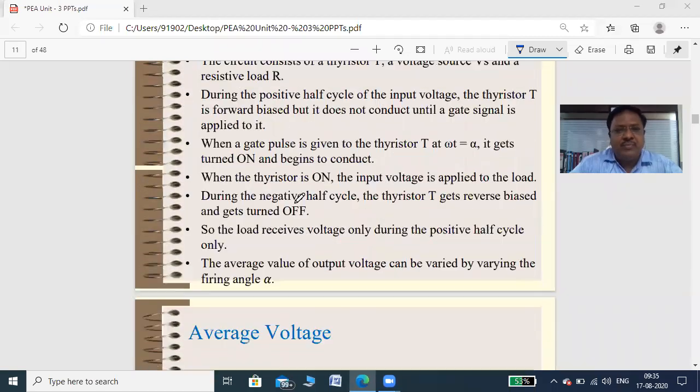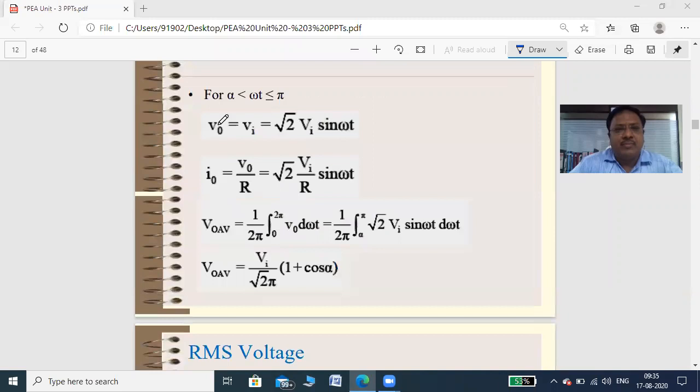We have already learned this in the first lecture. So this is the equation for the average load voltage: Vm by root 2 pi times (1 plus cos alpha).